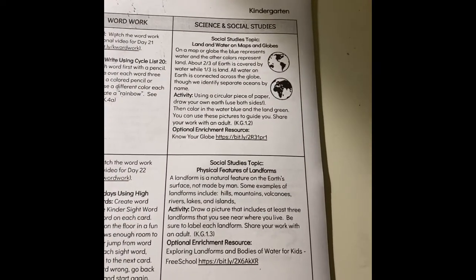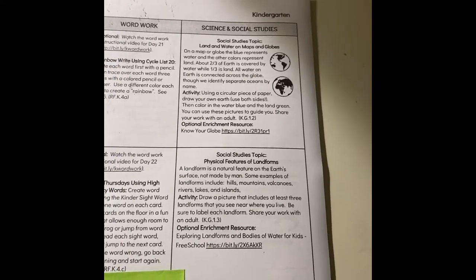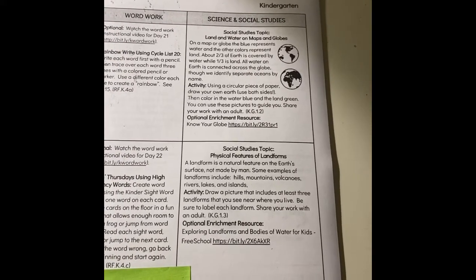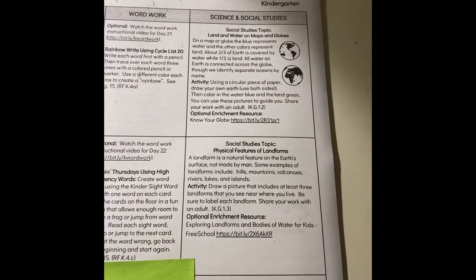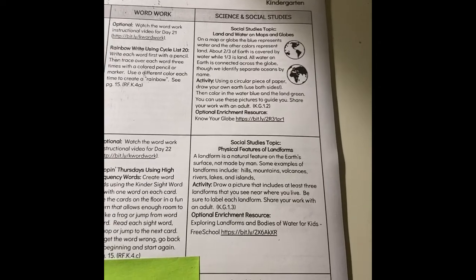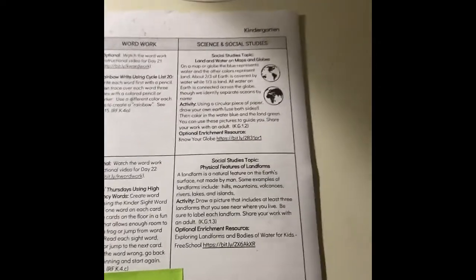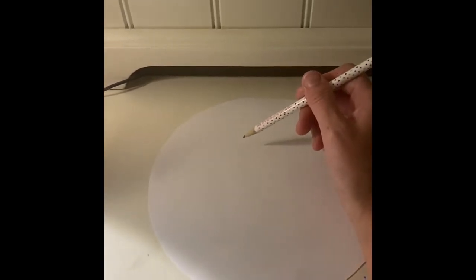Draw your own Earth using both sides. Then color the water blue and the land green. You can use pictures to guide you and then share your work with an adult. Okay, so what we're going to do first is take our pencil and draw some land masses.